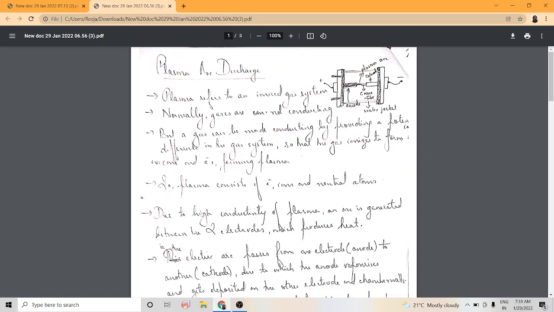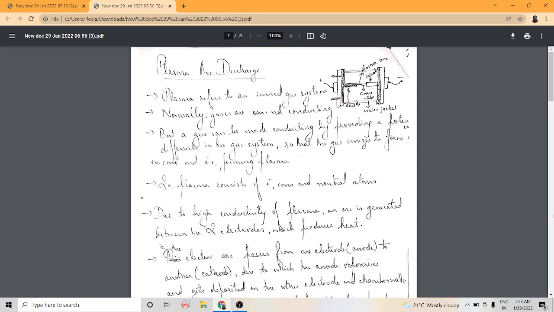Now due to the high conductivity of the plasma, an arc is generated between the two electrodes which produces heat. Now what is meant by an arc or an arc discharge? An arc is a continuous electrical discharge between two electrodes with visible discharge of light.